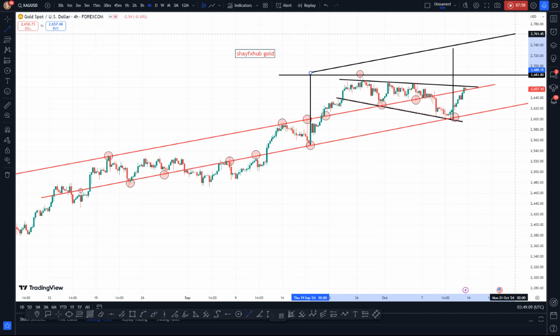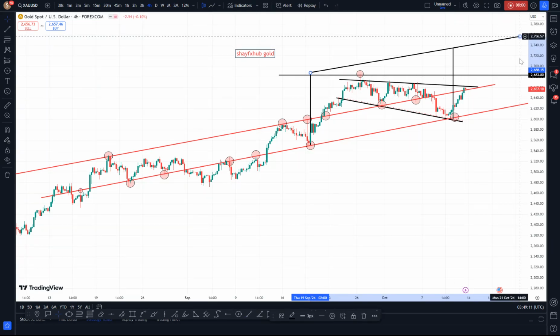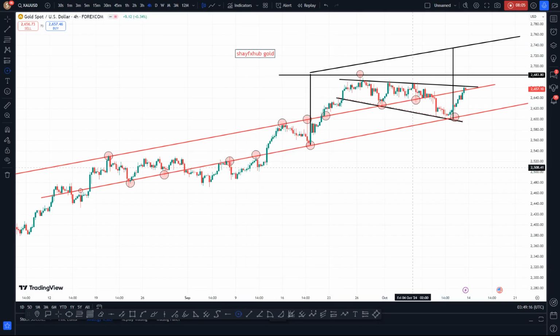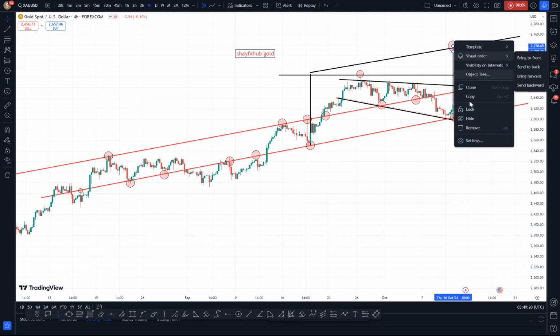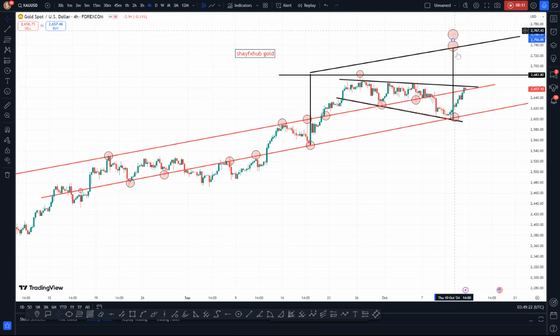If price is to repeat the same, this is most likely where the new supply zone will be. So at this level, we'll be expecting a supply.